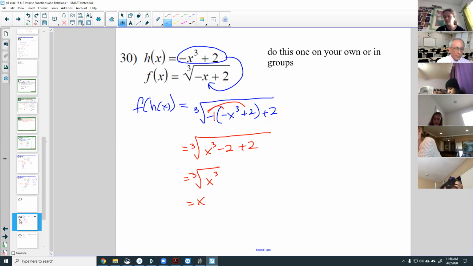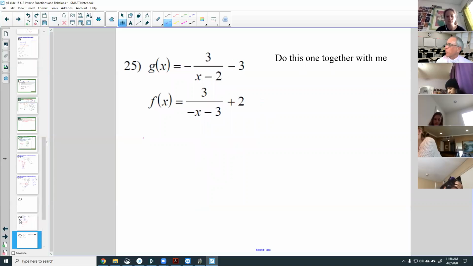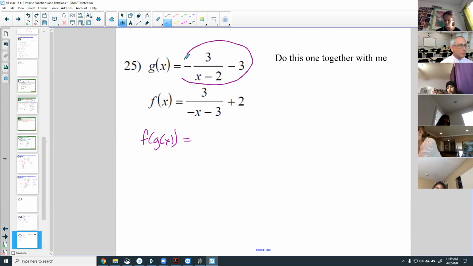Okay, so let's take a look at this one. Now you can see my screen, right? Okay, so I'm gonna again start with the first letter of the alphabet, and so I'm gonna go f of g of x. So I'm going to take g of x here, and that's going to be my argument.